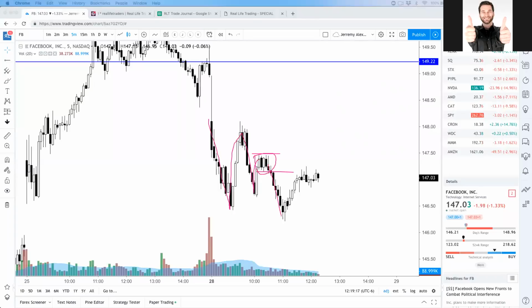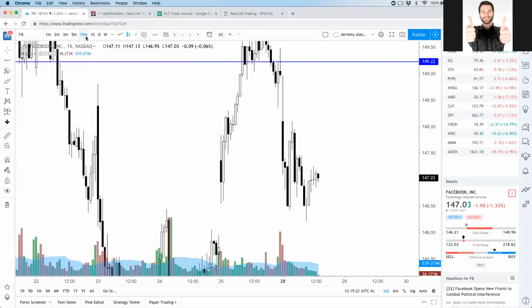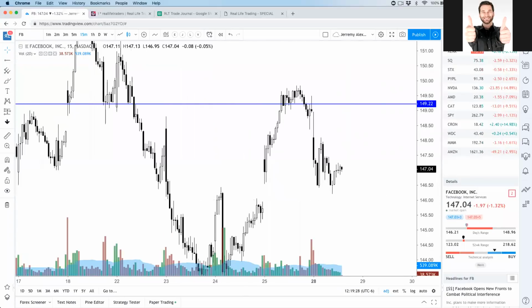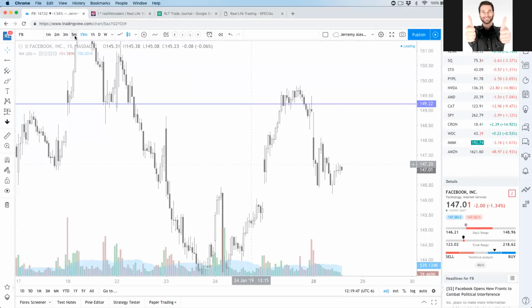So let's talk about Facebook right now. What's it doing at this exact second in time? It's pretty sideways. Again, this is an hourly support. Down here, we have a decent little support level on Facebook. If I have this pennant pattern on Facebook, 15-minute chart, what would I need to see to go bearish with puts?